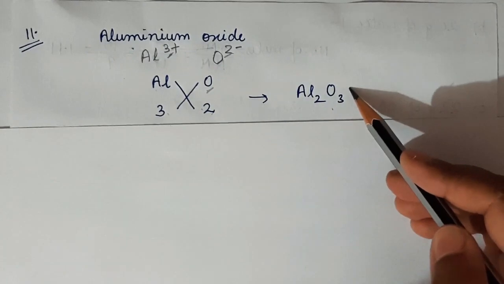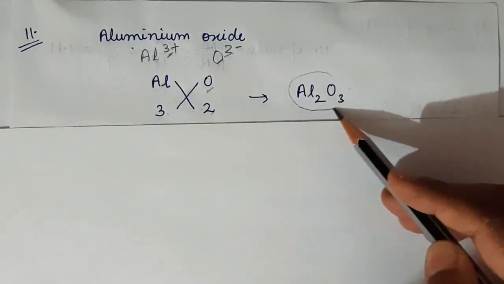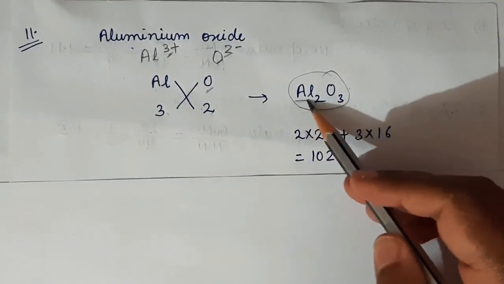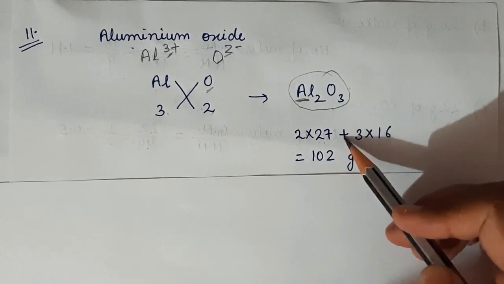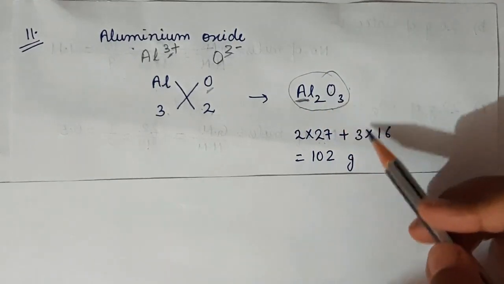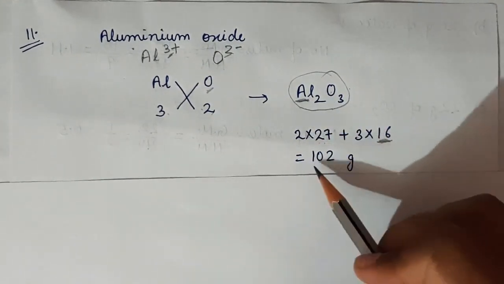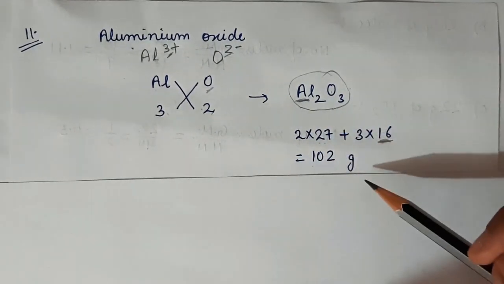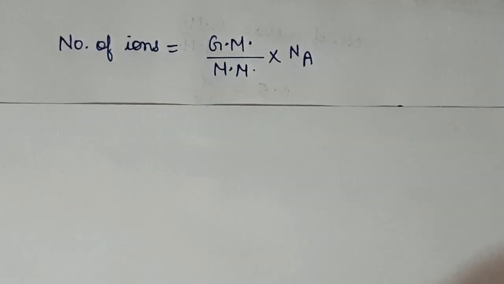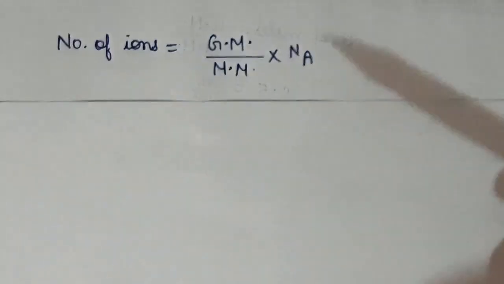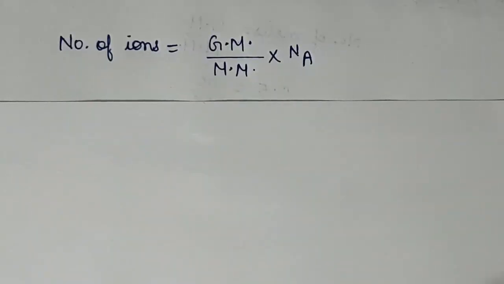Now calculate the molecular mass or the molar mass of aluminium oxide, Al2O3. That will be twice into aluminium, atomic mass of aluminium is 27, plus thrice into oxygen, atomic mass of oxygen is 16. So just solve it, you will get 102 grams. Okay. So just apply the simple formula. Number of ions is equal to given mass divided by molar mass into Avogadro's number.